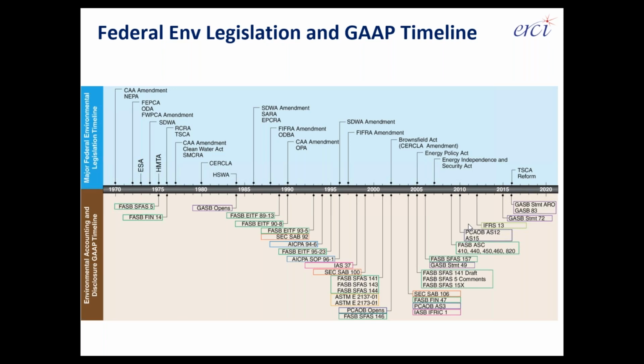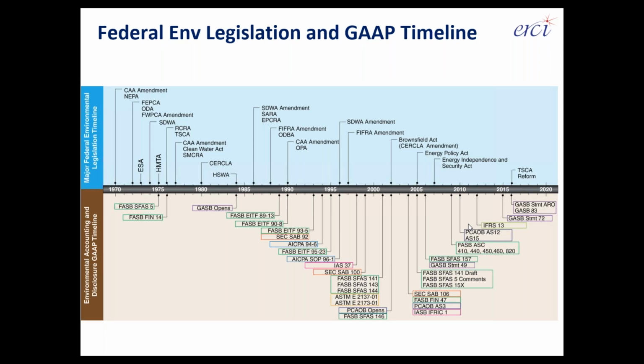But on the bottom half of the slide, I've got major environmental accounting steps. In other words, improvements or increases in the duties, rather, of organizations that are disclosing, estimating, or otherwise making capital stewardship decisions around environmental liabilities.